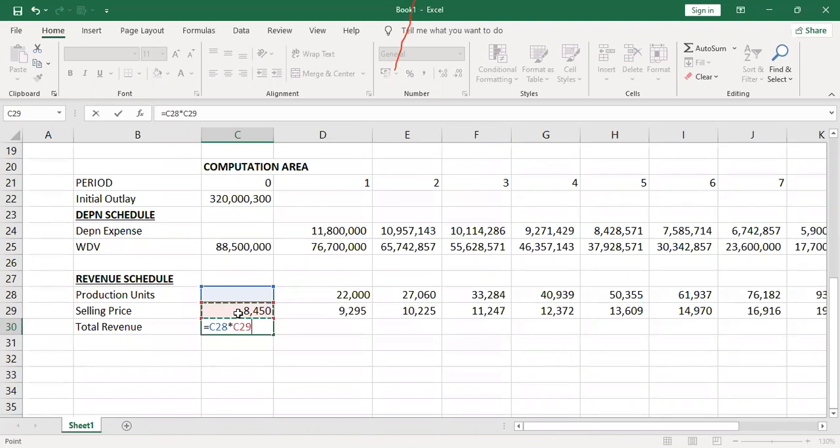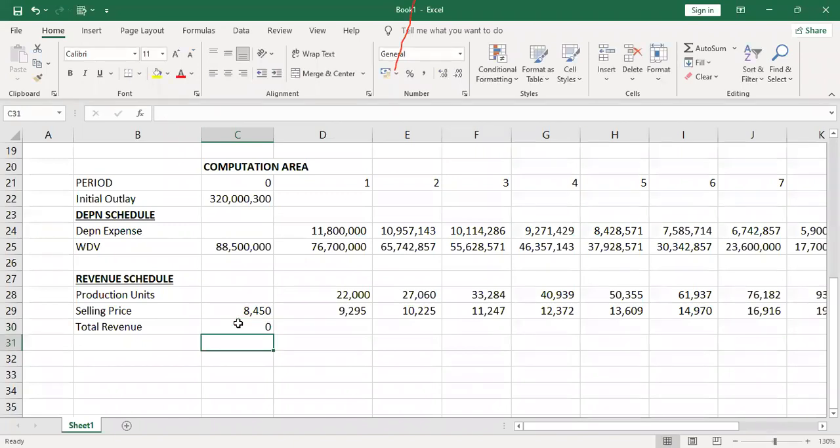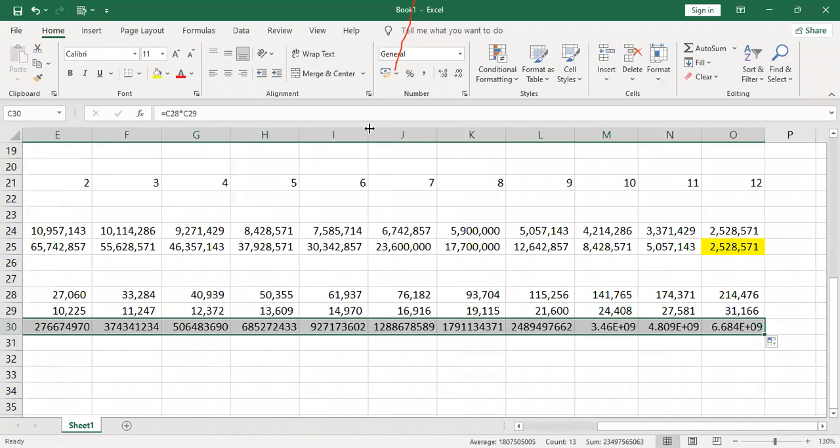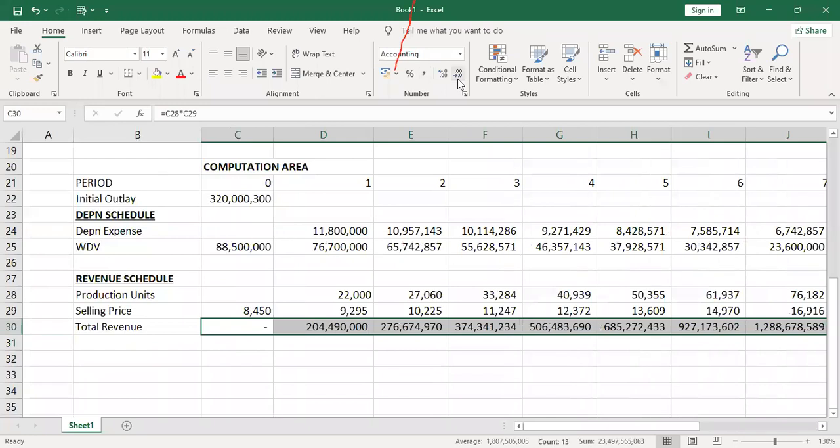And then you press enter. Click on the value, it is 0 because we are not producing anything. Since you are not producing anything, the total revenue is 0 in year 0. Click on the value, press the cursor on the autofill icon, and drag up to 12. Then you can click on the comma style and reduce the decimals.